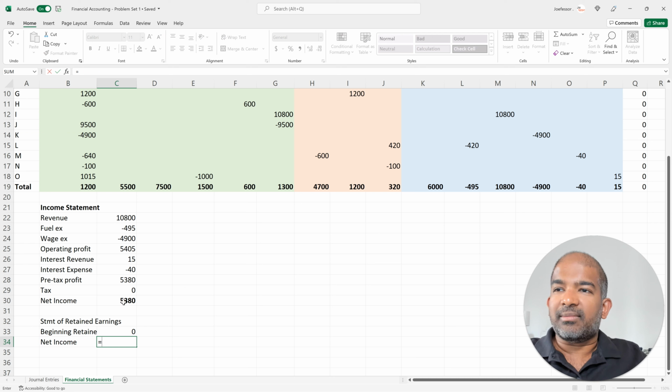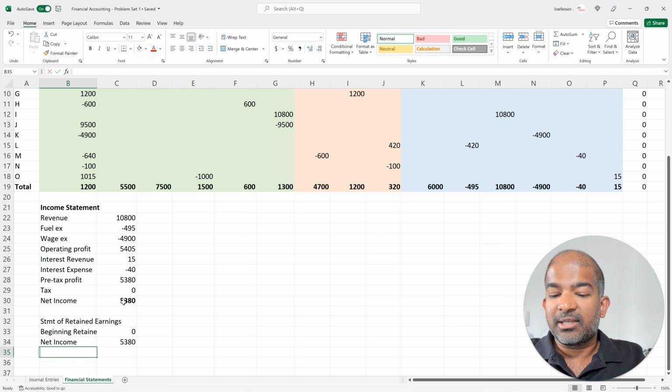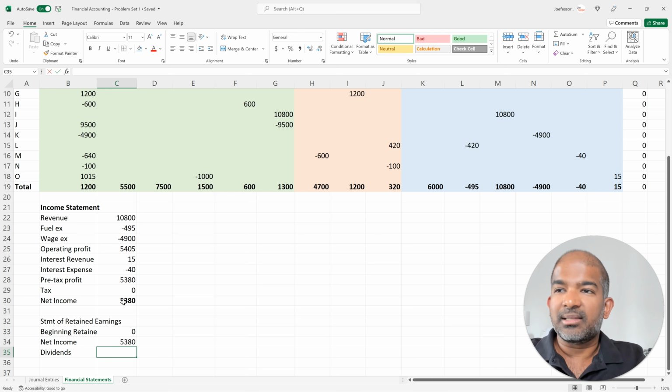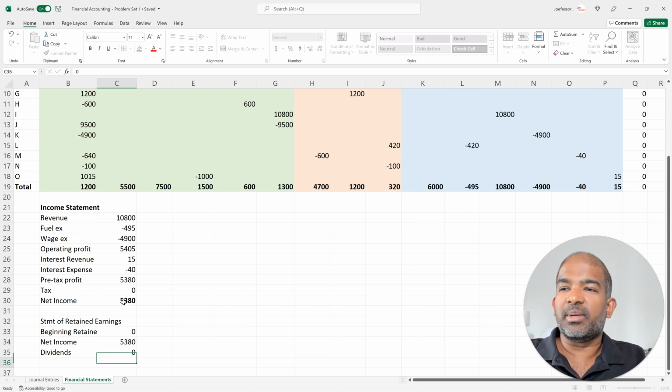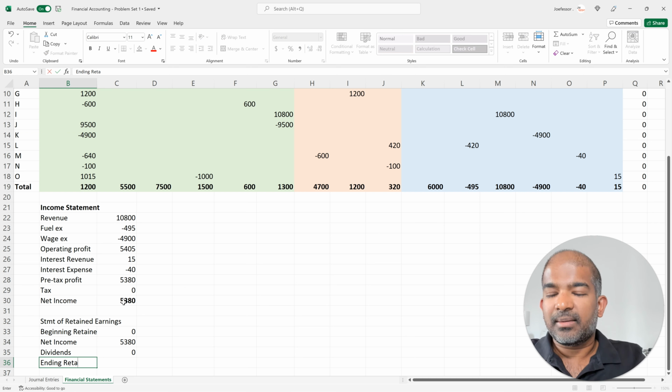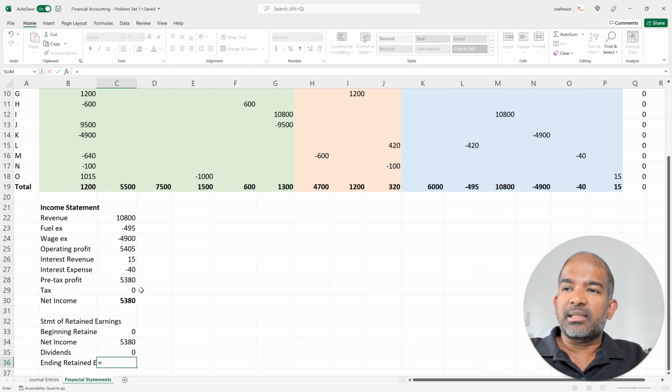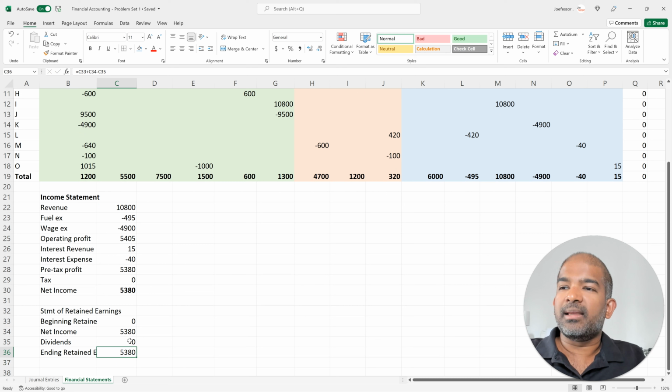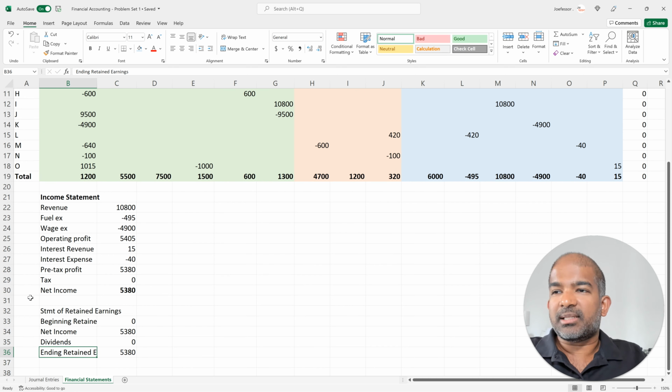And we need to subtract the dividends paid in order to calculate the new retained earnings. In this case it's 0 because we've not paid any dividends in this period. Now the ending retained earnings is basically the beginning balance plus the net income minus the dividends paid. In this case it's exactly the same as the net income because we didn't have any other information.